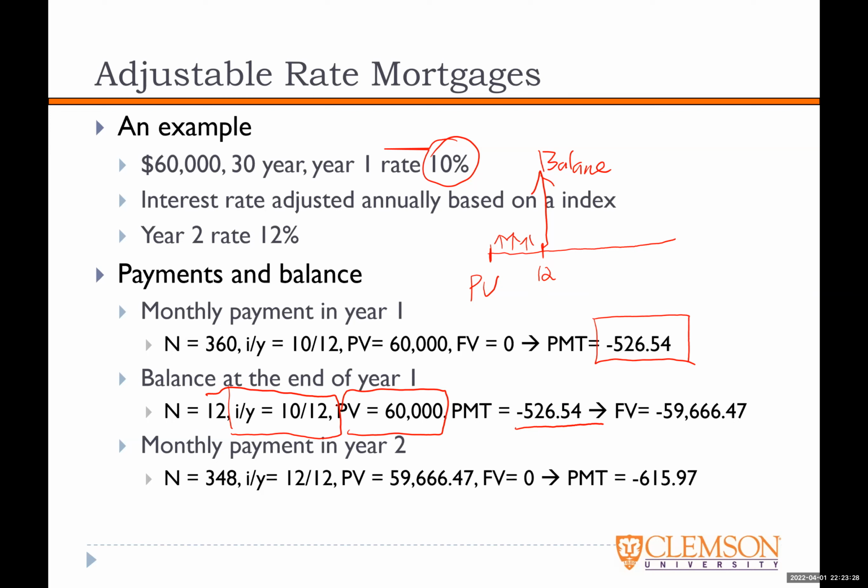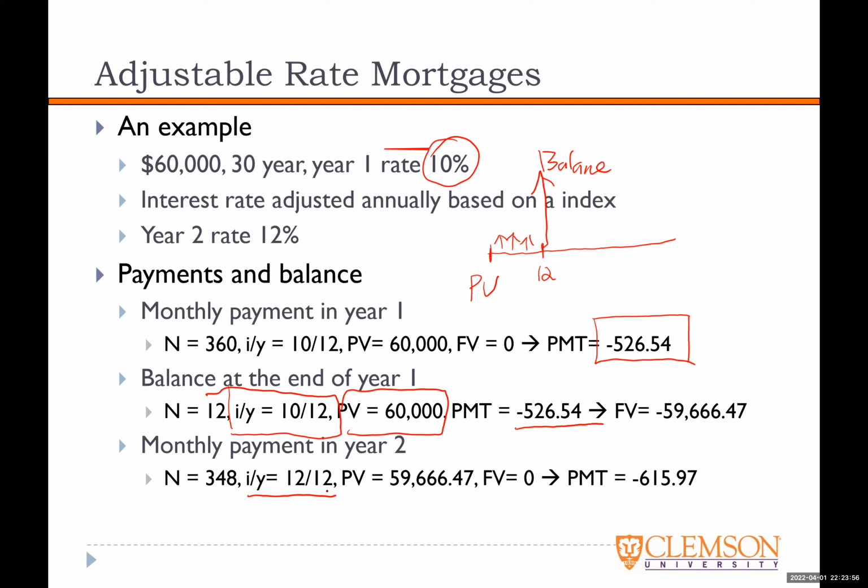So how to calculate the monthly payment in year two? In year two, you're pretending you're calculating the monthly payment for a fixed rate mortgage for 12% per year for 29 years. So the number of months of payments remaining is 348.